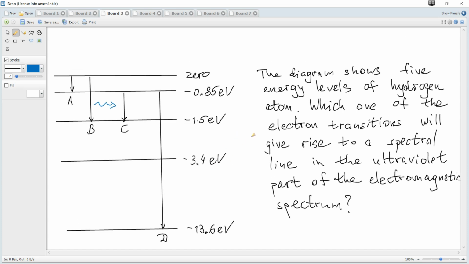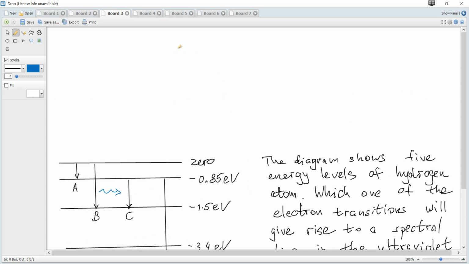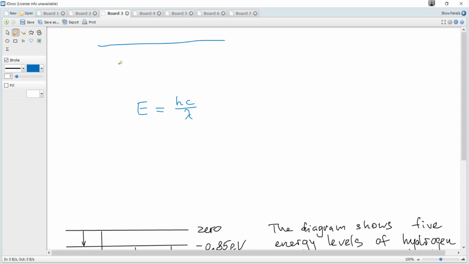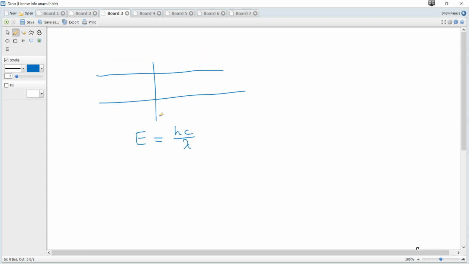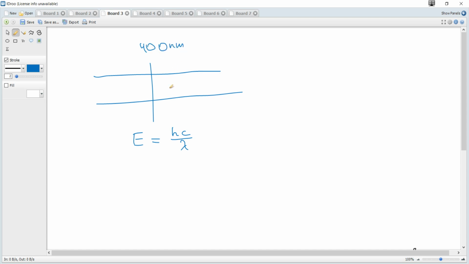let's estimate the energy required to be in the ultraviolet part of the electromagnetic spectrum in electron volts, and the formula is that energy is h c over lambda, or h times frequency. I know that for ultraviolet it's about 400 nanometers, or maybe 450, and less if we go up to X rays, about 1 nanometer or 0.1 nanometer.